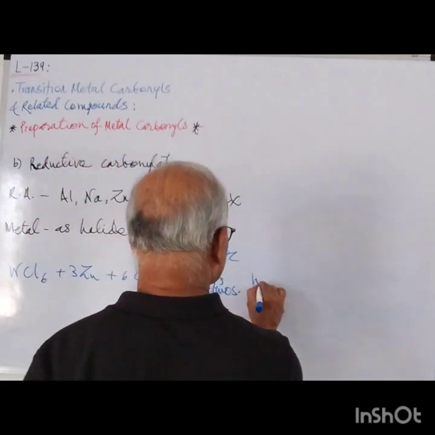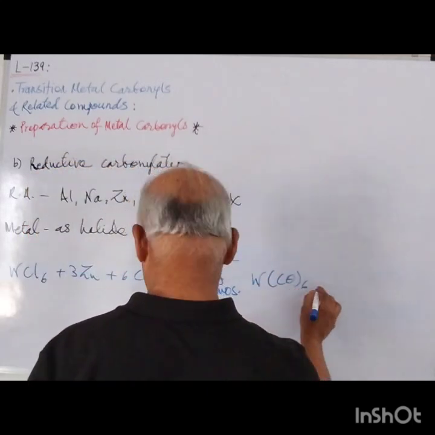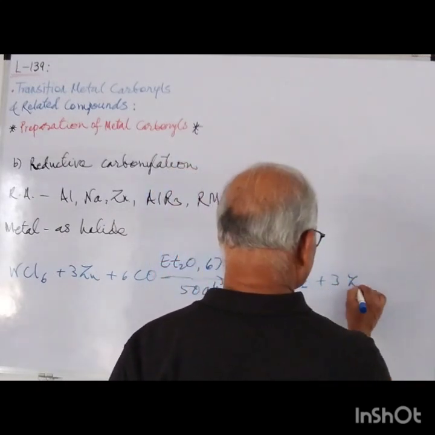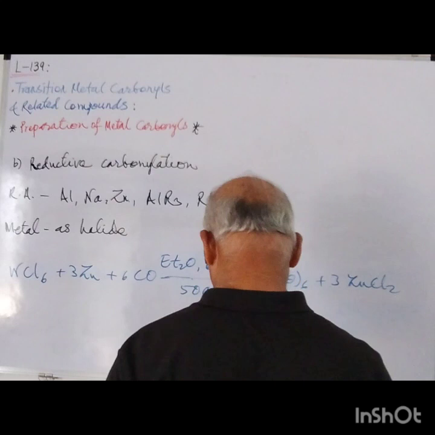So it gives tungsten, that is CaWCO6 plus thrice ZnCl2.